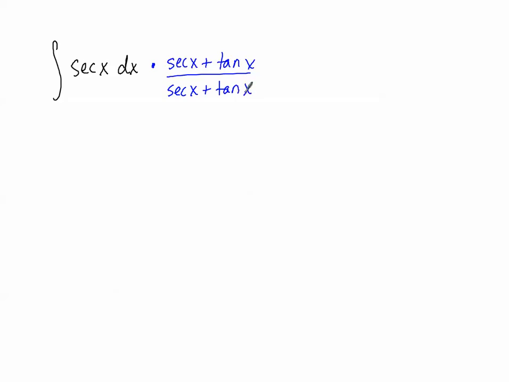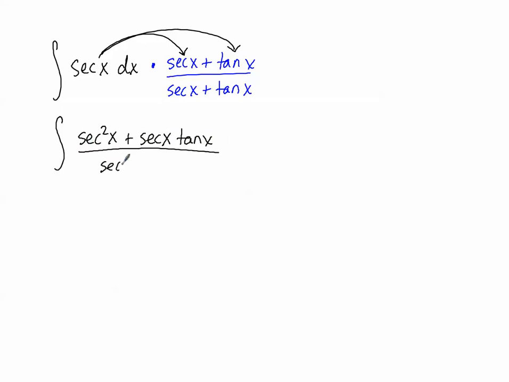I can multiply by anything I want as long as I do it in the top and the bottom. So why did I do this? Well, let's see what happens when we multiply by secant x plus tangent x. If I distribute the secant x in the numerator to those parts, I get secant squared x plus secant x tangent x in the numerator. In the denominator, secant x plus tangent x dx. So now you might start to see why I did this.